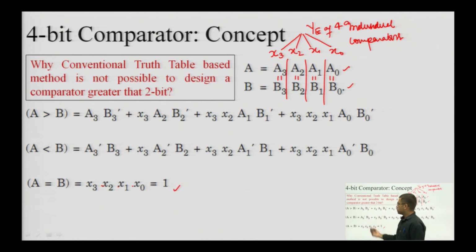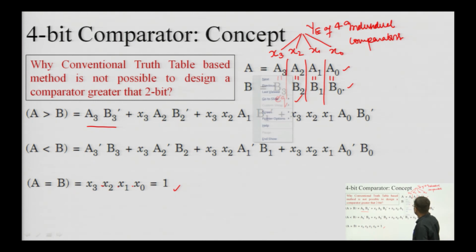Now, let us cover the expression for greater. So, for greater, A3 should be greater than B3, A3 B3 bar. This is the first possibility of A greater than B. Then, let us say A3 is equal to B3, but A2 is greater than B2.